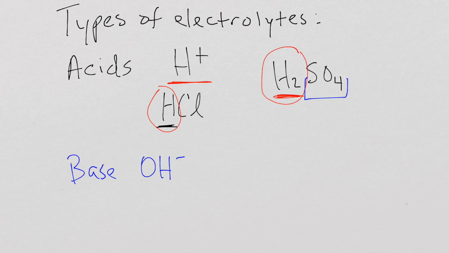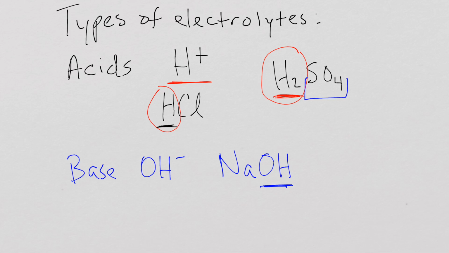A good example of a base is NaOH, okay, sodium hydroxide. The identifier here that makes this basic is the OH, and the OH is usually at the end. Whereas with acids, the H is usually at the beginning.